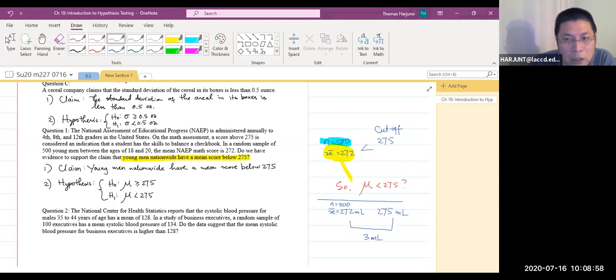So I would like the company to change the claim on the can to be 272 instead of 275, and pay 3 cents back to everybody who had bought that coffee. You know, it actually takes more time and energy and money to pay that 3 cents to everybody, right? Okay, you call it what? Frivolous lawsuit, right? Okay, yeah, but that's what we are getting into.